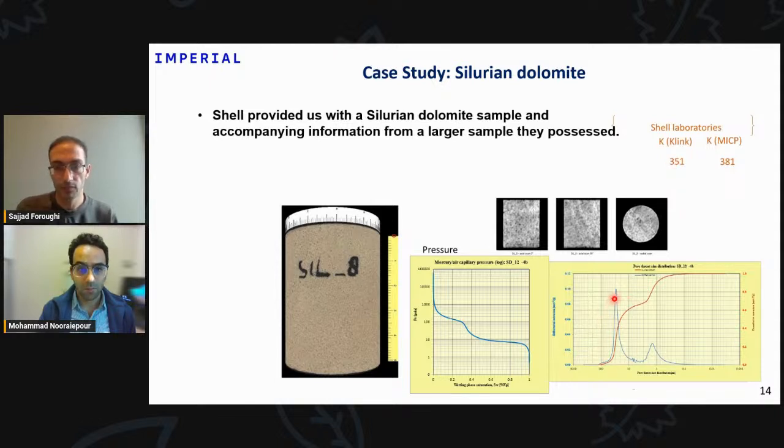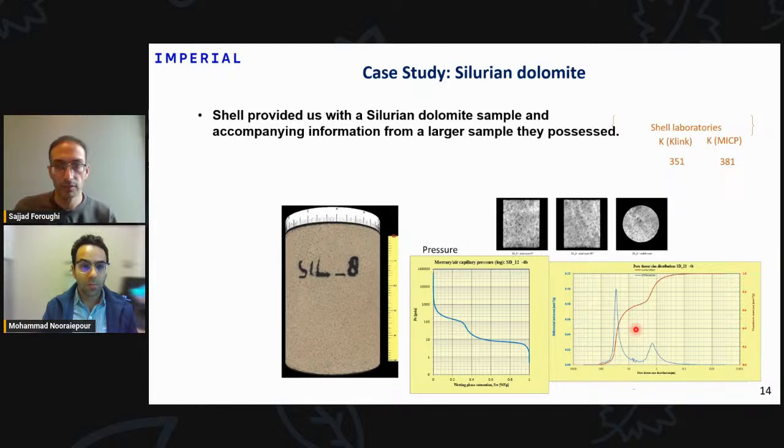We can see here as well that we have two peaks, which shows it's a microporous rock, and because of the voxel size we consider here, we need to consider two types of micro-links for this sample as well.